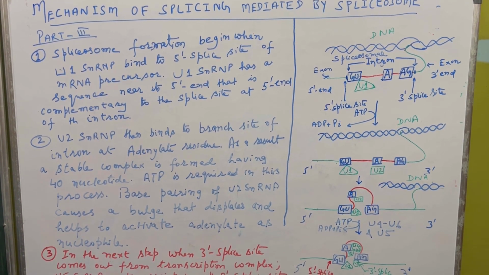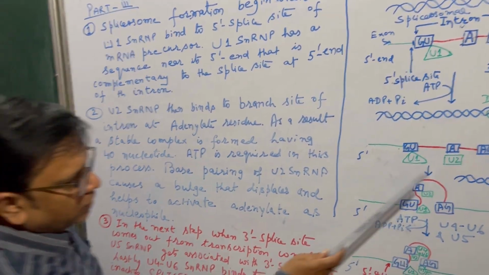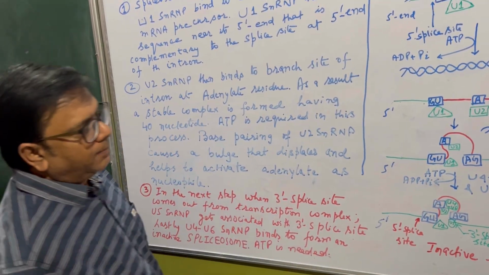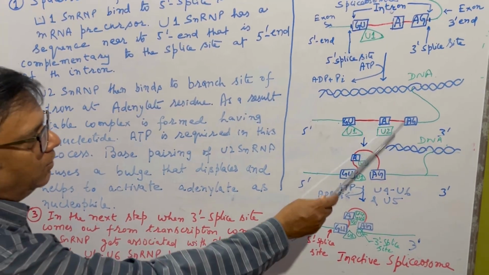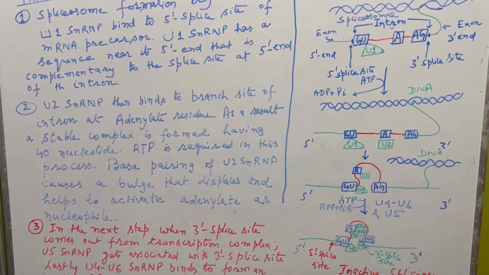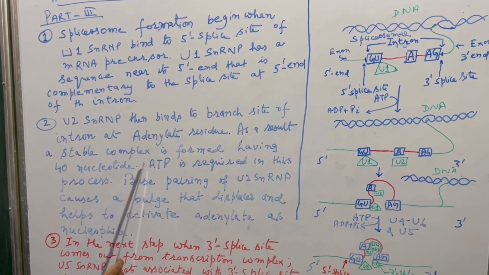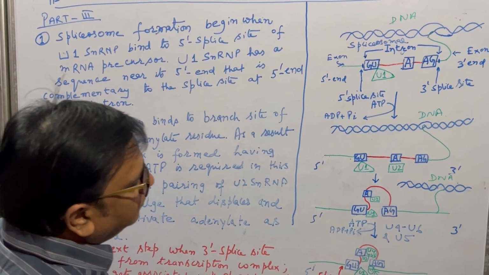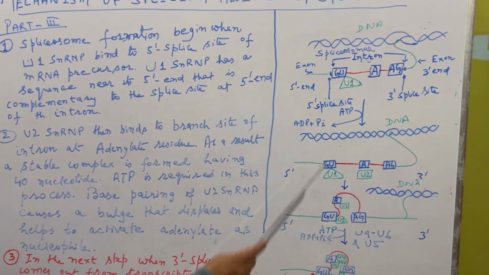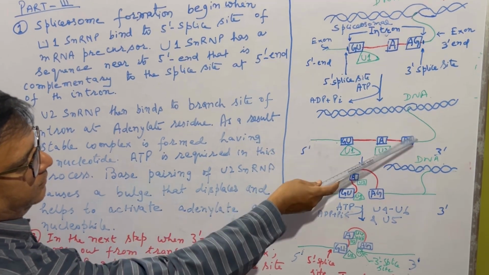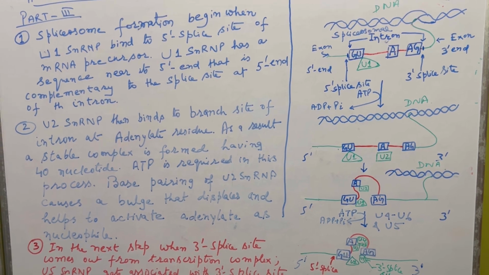As a result, the binding of U2 snRNP and the adenylate residue of the branch site results in the formation of a stable complex. It has been found that this stable complex contains 40 nucleotides. Here you can see the process is written, and 1 ATP is required for this process.